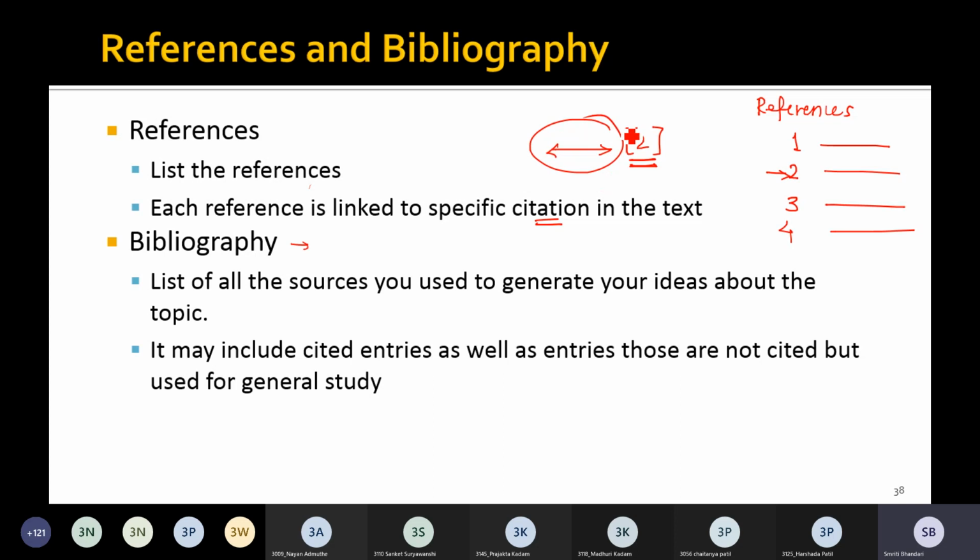So we are borrowing this idea from reference number 2. So how to cite that? Whatever the idea, I'll be listing it out, and in square brackets, I'll be mentioning the reference number from where I got that idea. So this is known as citation. Correct?